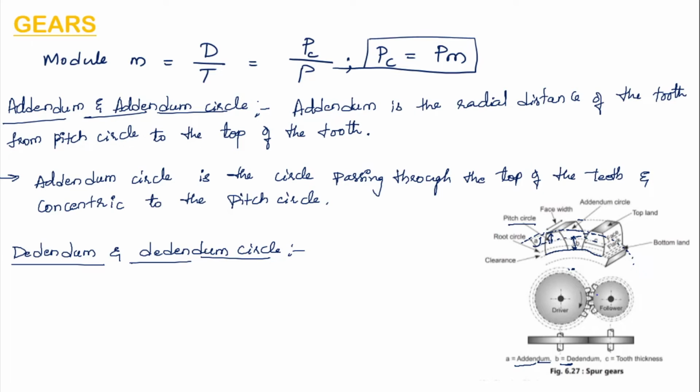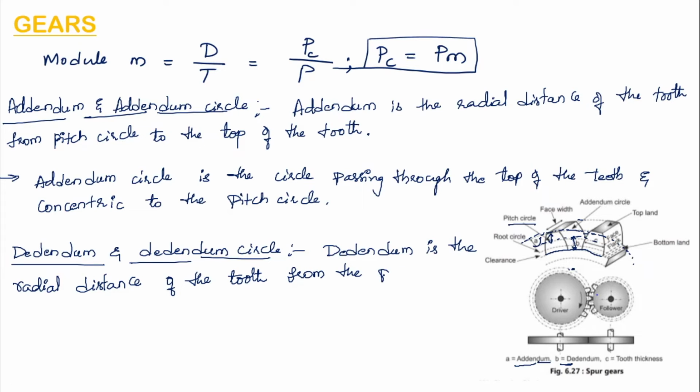So from the pitch circle to the bottom of the tooth, whatever the radial distance is, is called the dedendum.